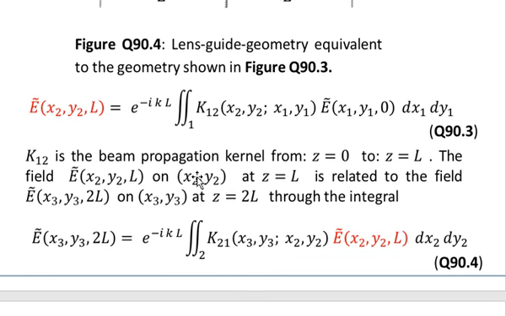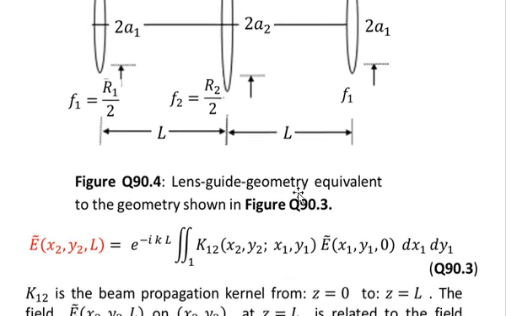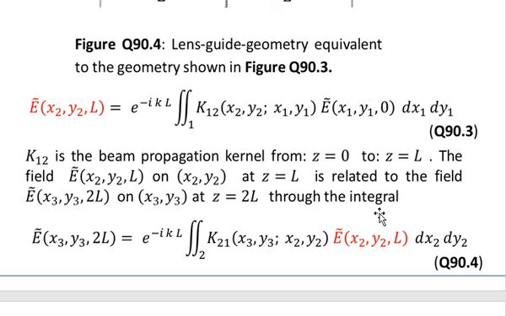So kappa 12 is the beam propagation kernel from z equal to 0 to z equal to capital L. The field E prime of x2 y2 L on the x2 y2 plane, which is located at z equal to capital L, that is at the plane of lens 2, is related to the field E prime of x3 y3 2L on the x3 y3 plane, which is located at z equal to 2L, through the integral.